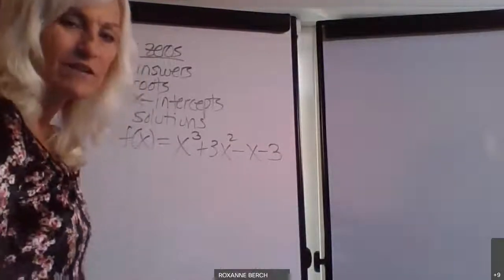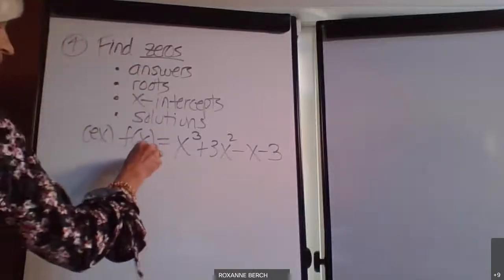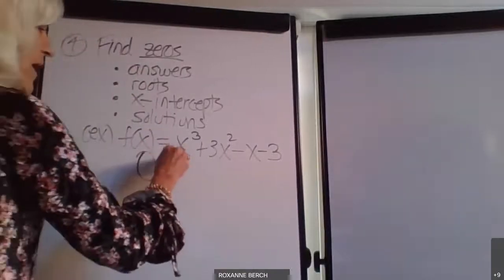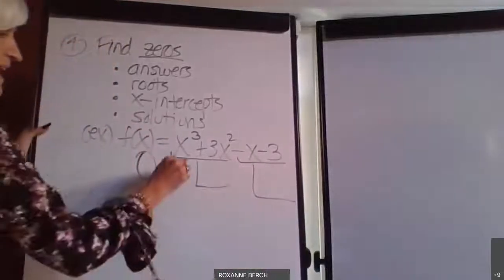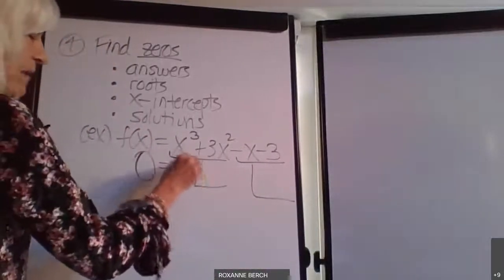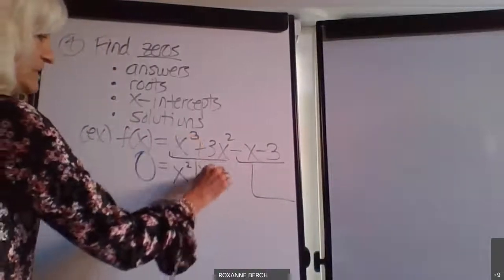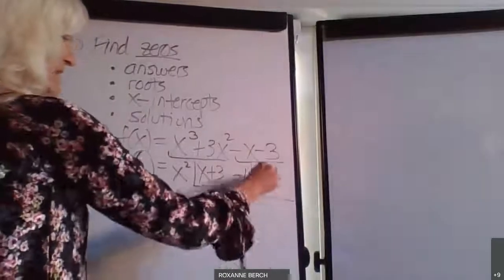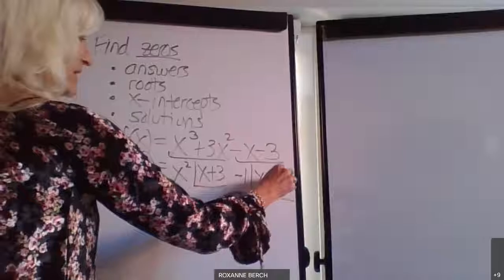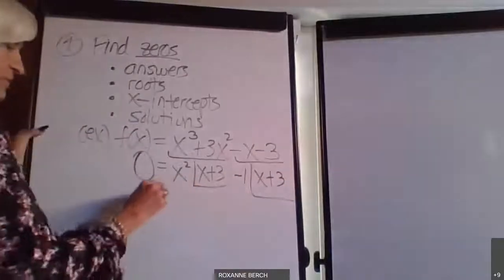So here we go. In order to solve this, you set it equal to 0, and I'm going to do grouping 2 by 2. So I'm going to take out an x squared. So that would be x times x plus 3. I'm going to take out a -1 times x. Negative times a positive. Remember, the cakes have to match.